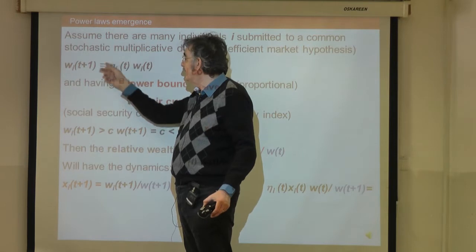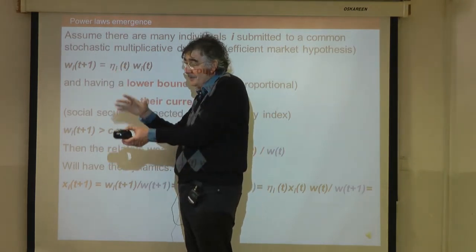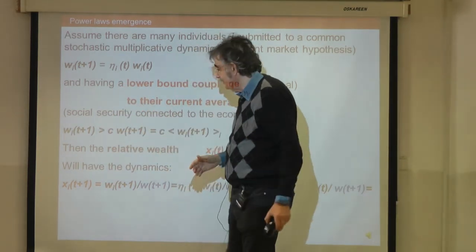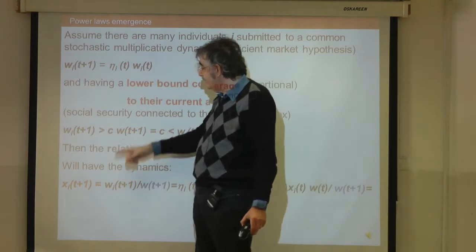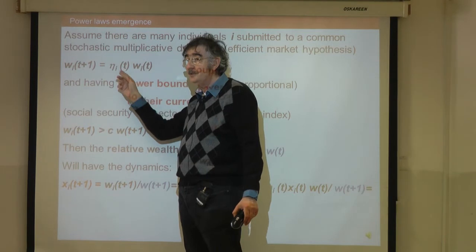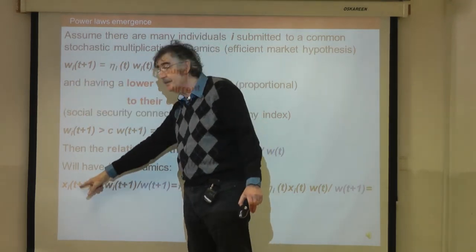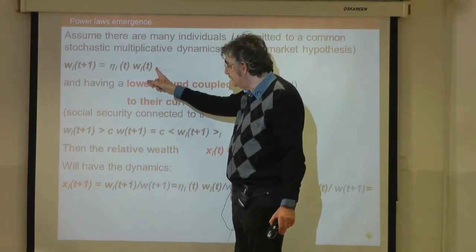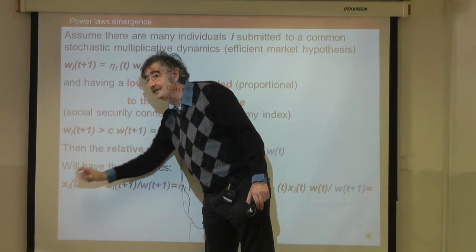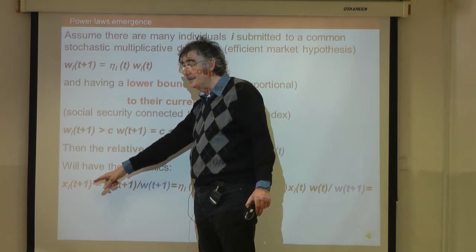It can do anything according to what the eta i does. Sometimes maybe the average of the eta i's is positive, sometimes negative. And still I'm going to be able to make a statement about what is the distribution of the wi's at each particular point in time, because I'm able to re-express this complicated non-stationary dynamics in terms of the stationary dynamics of the xi. Is it okay?